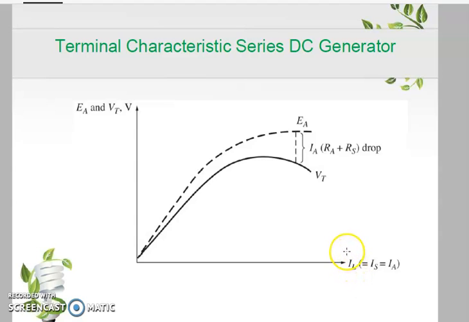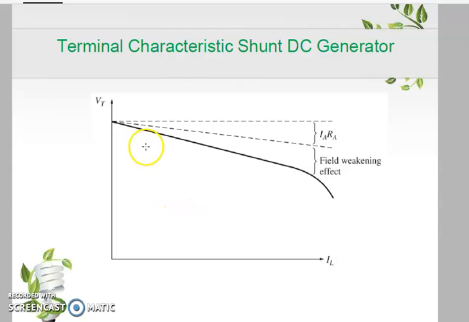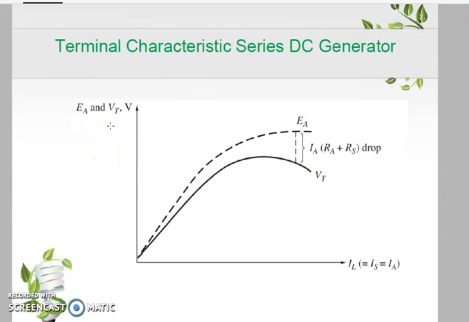In terms of your generated voltage at the terminal, it is not the same as the DC shunt generator, because at minimum load the shunt generator already has a very high starting voltage. But for the DC series generator, it will be linear, and from zero load the voltage will increase.